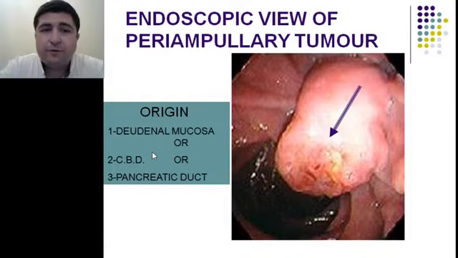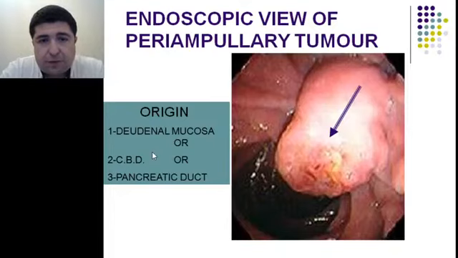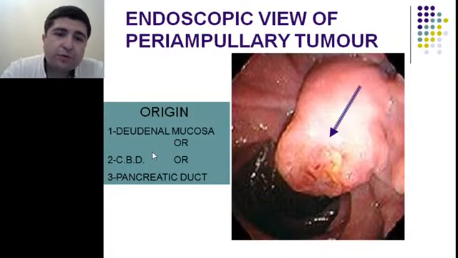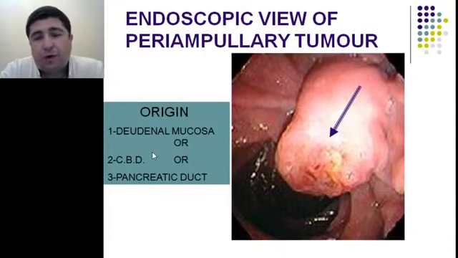Here you can see an endoscopic view of a periampullary tumor. Usually, to diagnose the presence of stones in the common bile duct, we use a duodenoscope. The procedures we use are not only MRI cholangiopancreatography, we also use endoscopic procedures.